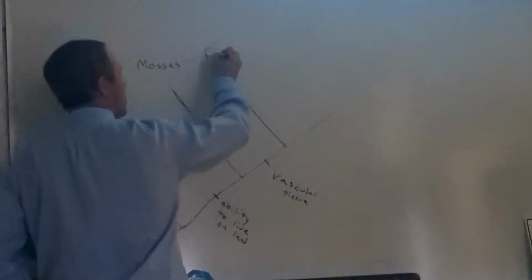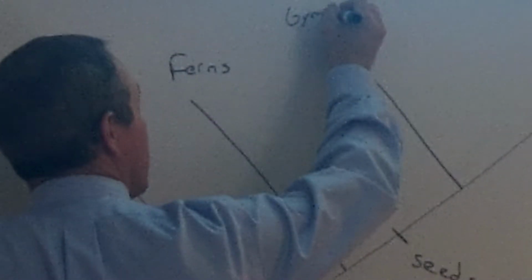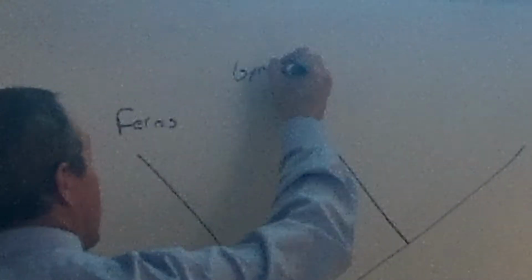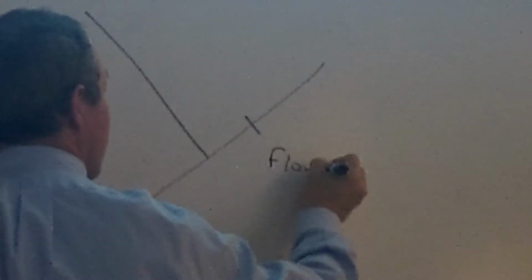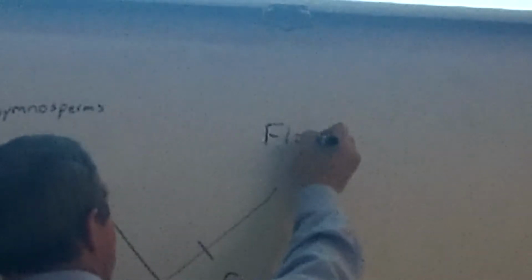But then that leads to the ferns, and then we have seeds. Seeds lead to the gymnosperms. And then you have flowers, and that leads to the flowering plants.